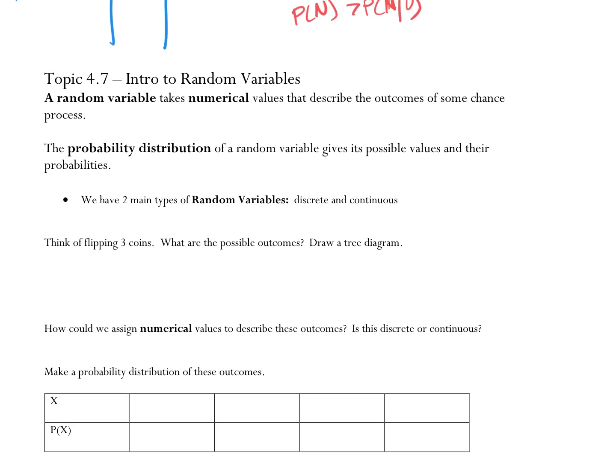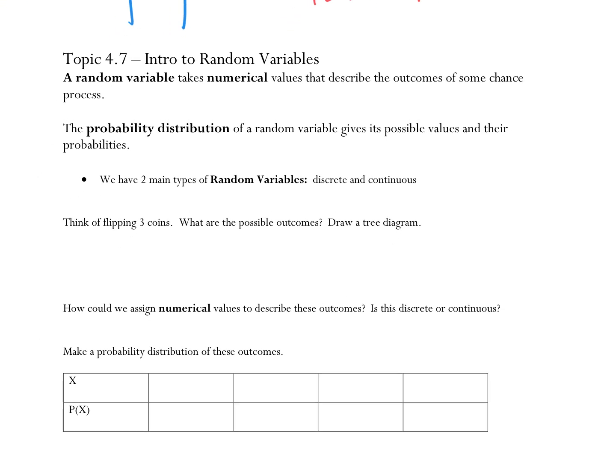All right. So random variables. Let's start with the opening thing to think about here: we have 3 coins and I flip 3 coins. Is everybody with me? What are my possible outcomes? Let's make a tree diagram of that real quick. The first coin could be heads or tails.